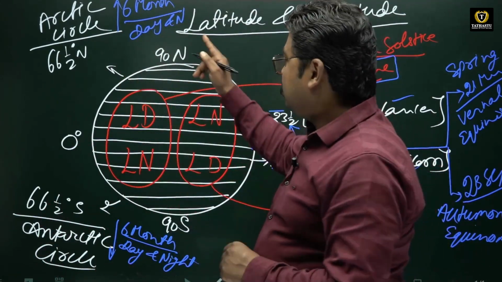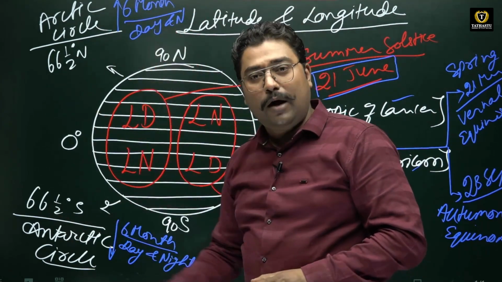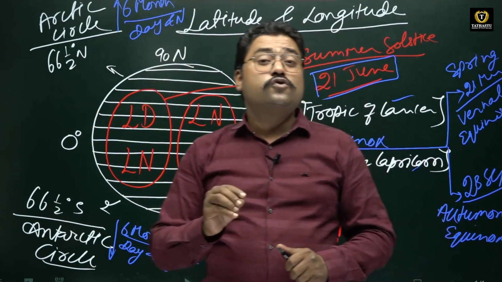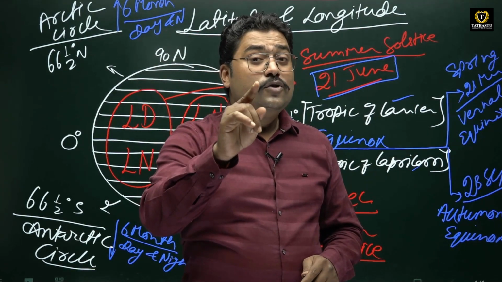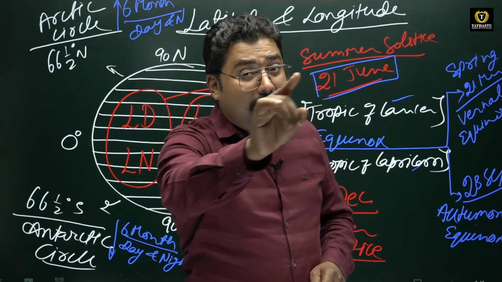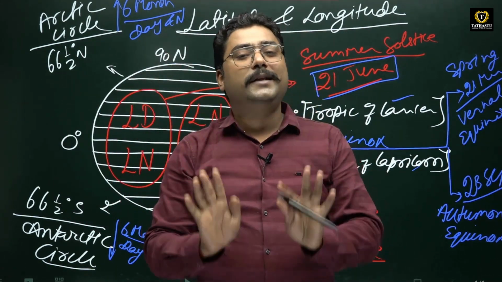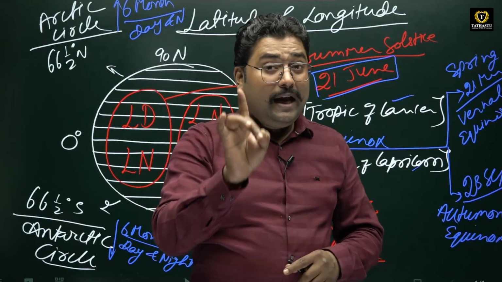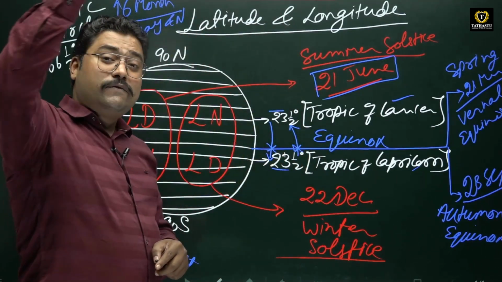But here, beyond 66.5 degree north and south, if the sun is going to say good morning, means it will rise, then for the coming 6 months it will remain in the sky over the horizon and there will be daylight. And if it is going to set, it will rise after the next 6 months.